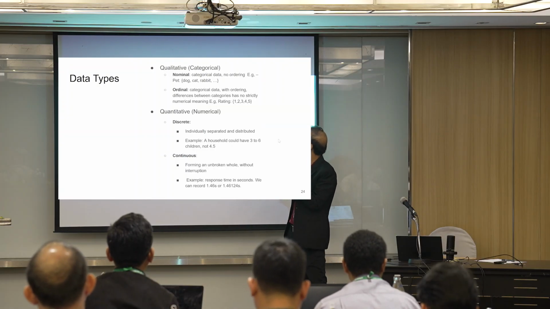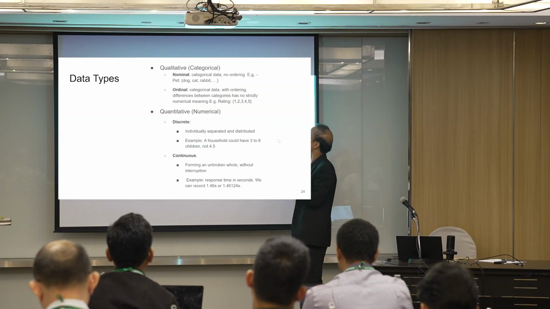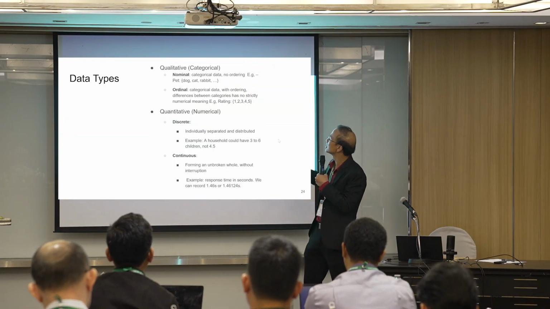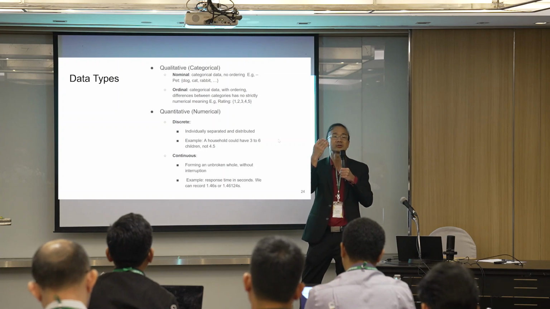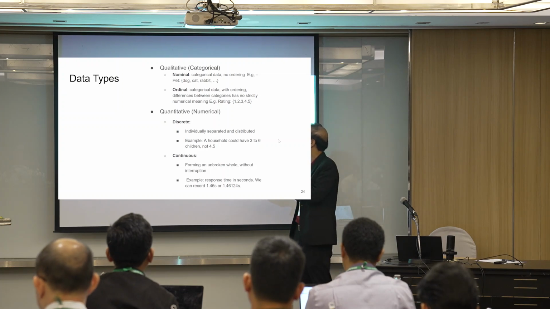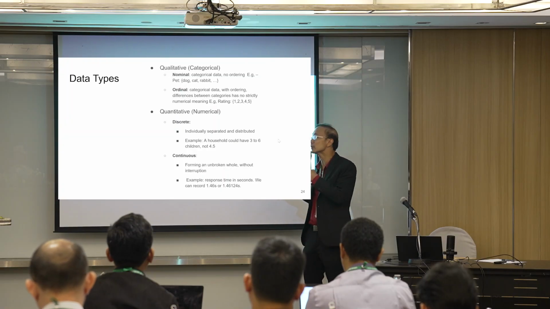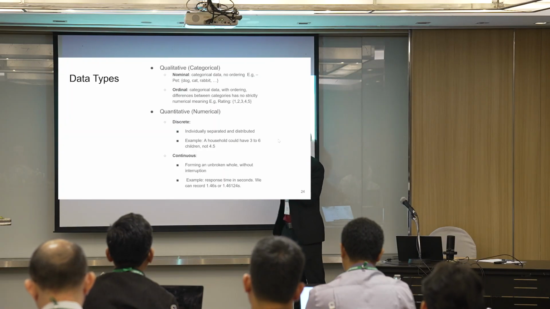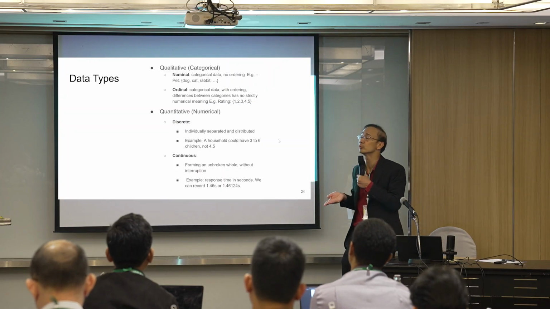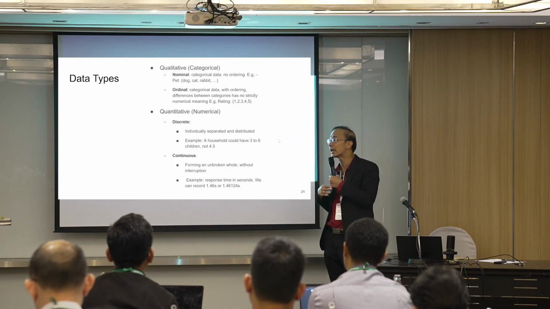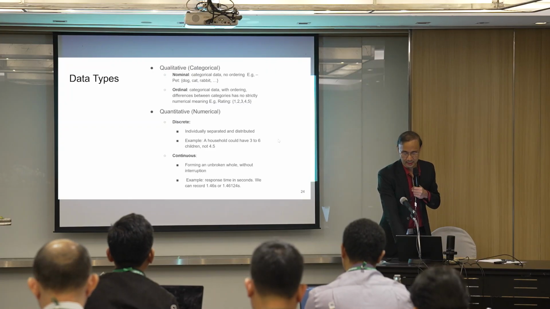Nominal is a type of data like dog, cat, bird, whatever, and ordinal means it has an order, right? Customer rating, or some number rating, so it has an order or sequence. And for numeric, I think it's quite intuitive, right? The numeric value that we record, like the sales price or house price.